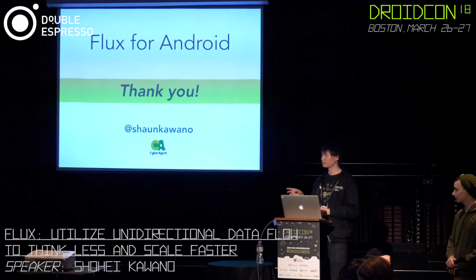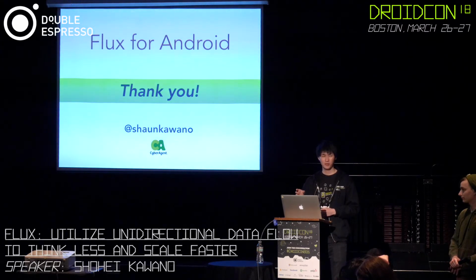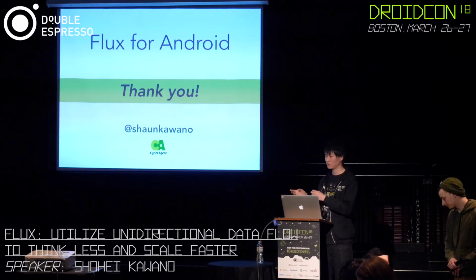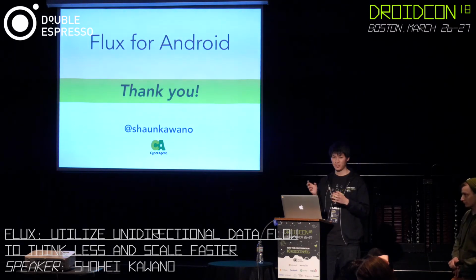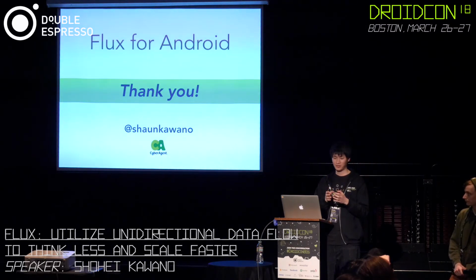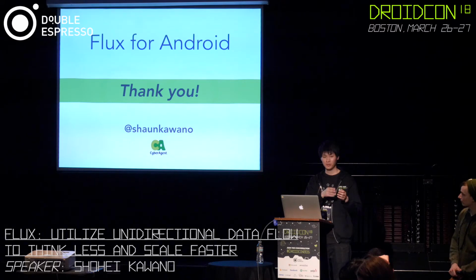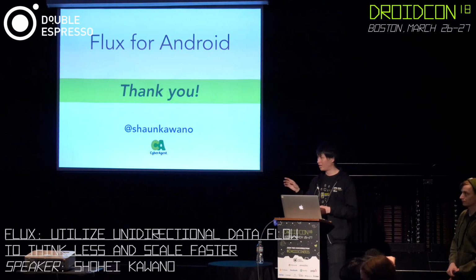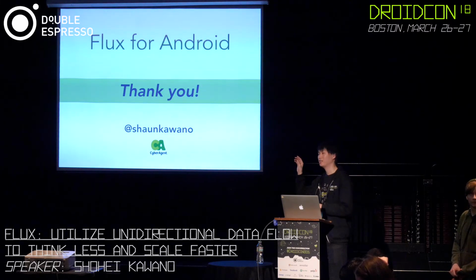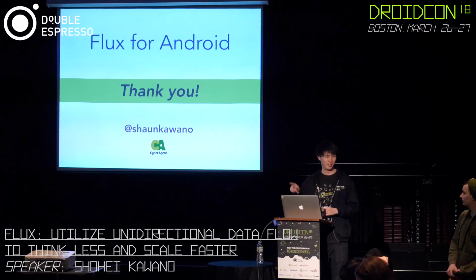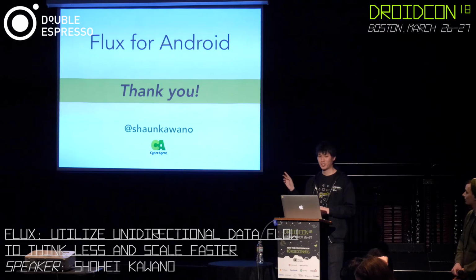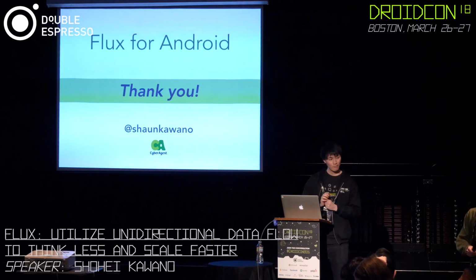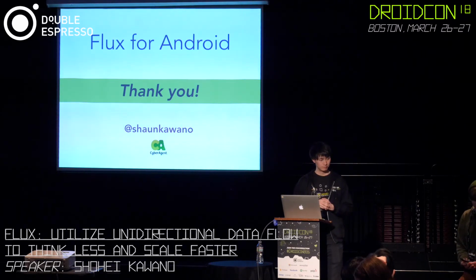I don't remember right now, but there's a function you can use to make the object survive in the lifecycle. So you can refer to that as well. I will write the list of things that are referenced in the speaker deck, so you can take a look at that as well.